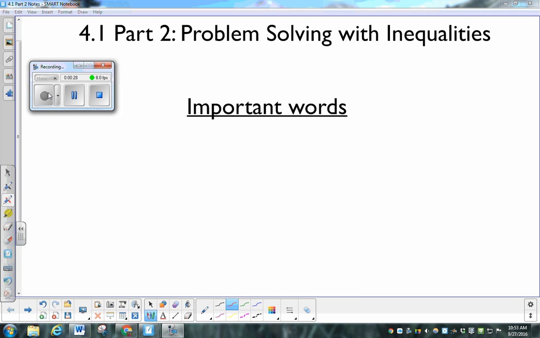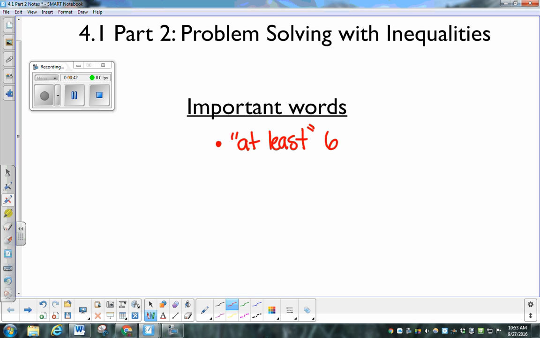So the first phrase I want to look at, important word or phrase, is if we see the words "at least." I'm always going to try and use the number 6 here. So let's say we saw that something was at least 6. The way we would write that in an inequality is, since it has to be at least 6, it means the smallest it can be is 6.